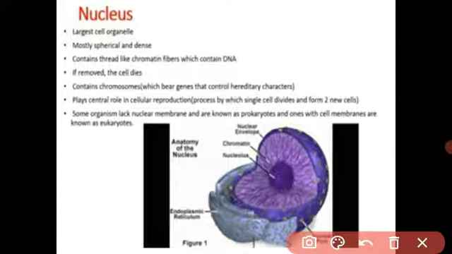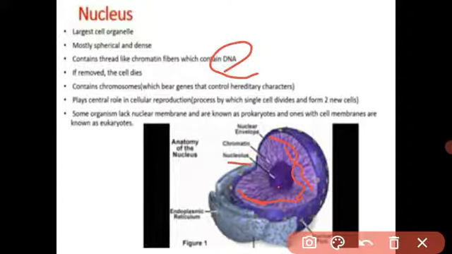In the center of the nucleus is present the nucleolus, and this thread-like structure of the cell is called the chromatin material, chromatin fiber. This chromatin fiber contains the DNA. DNA is the heredity unit, meaning whatever heredity is transferred from parents to offspring.